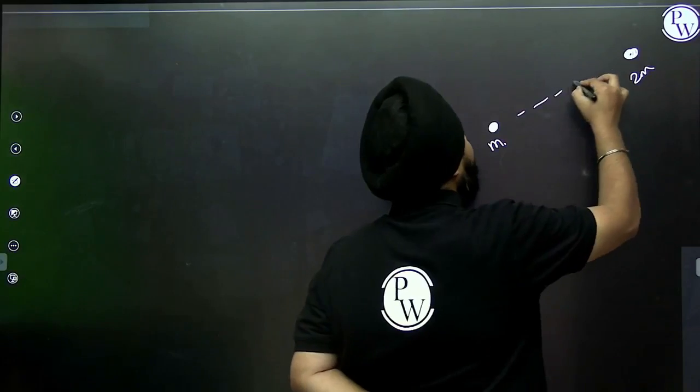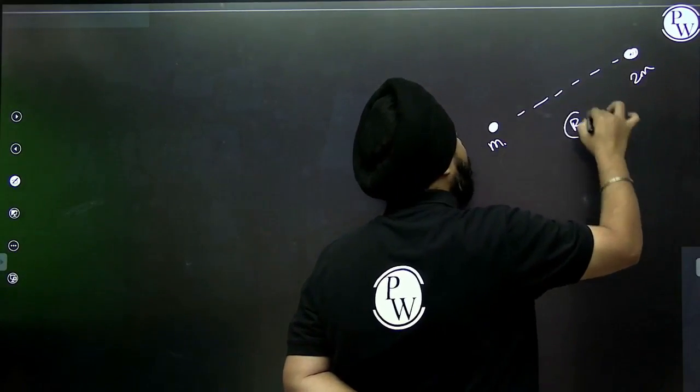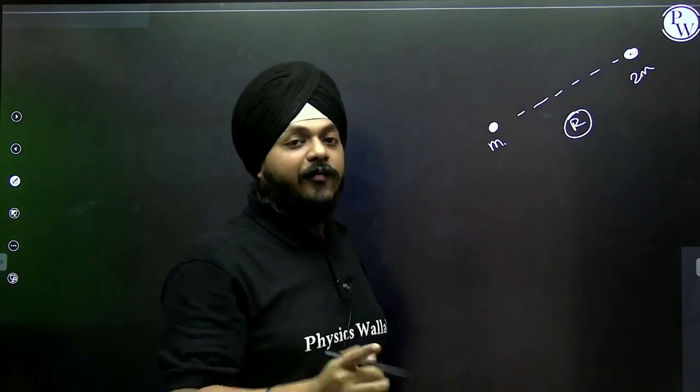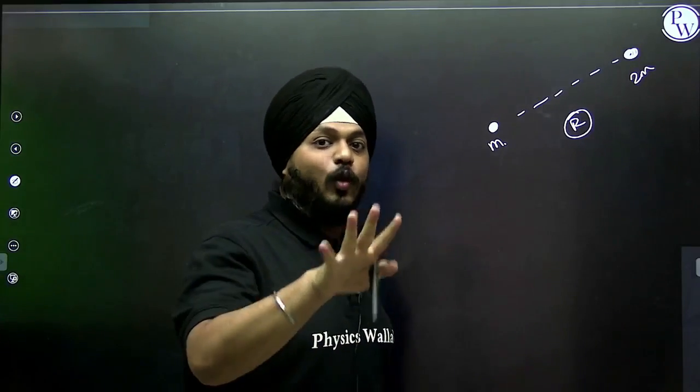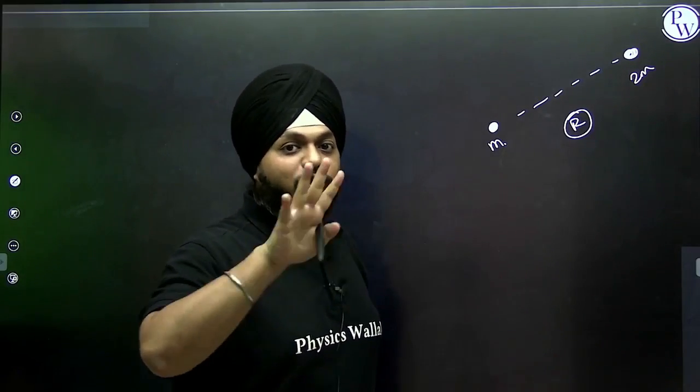Suppose they are separated by the distance r. Just keep one thing in mind. If it is a case of identical particles, it is easy, we are going to resolve it easily.